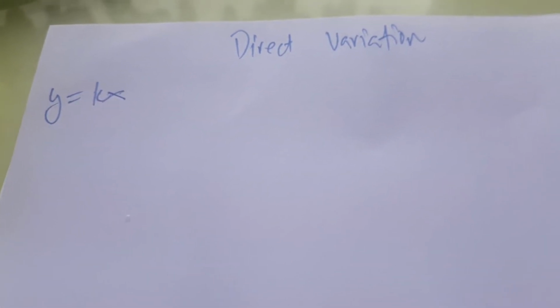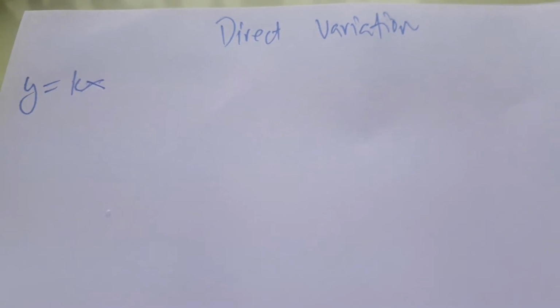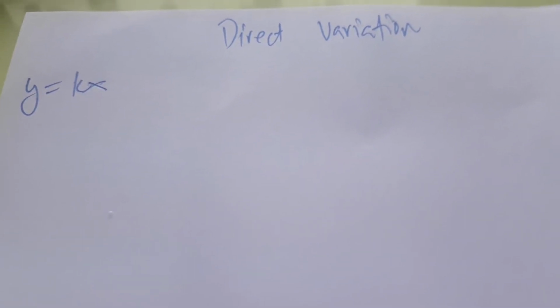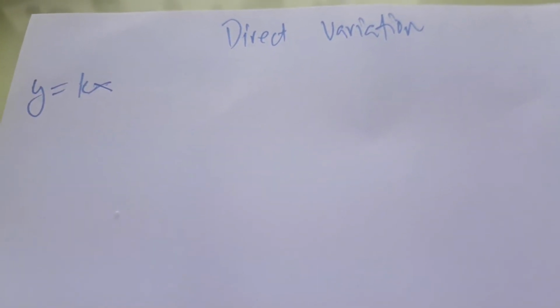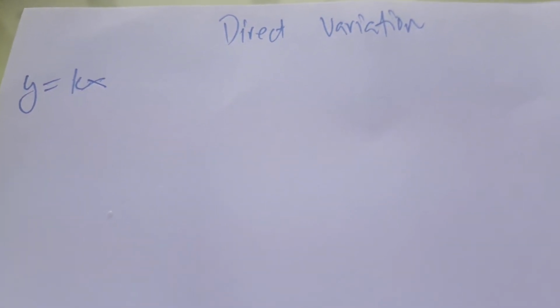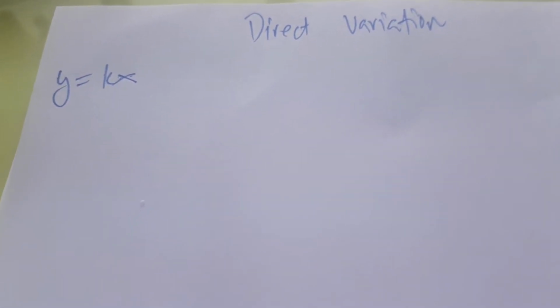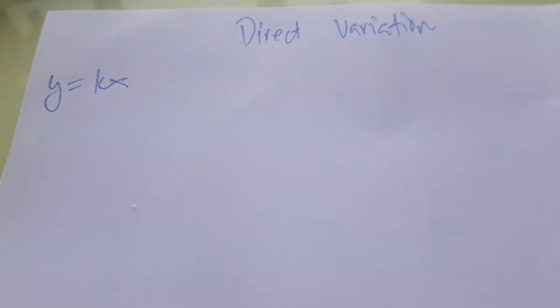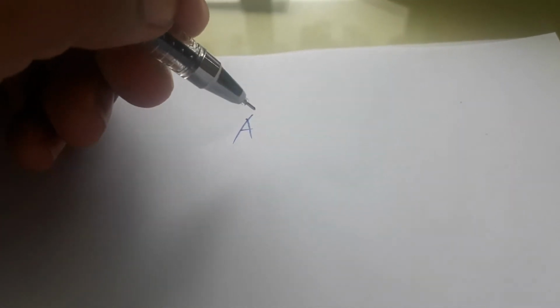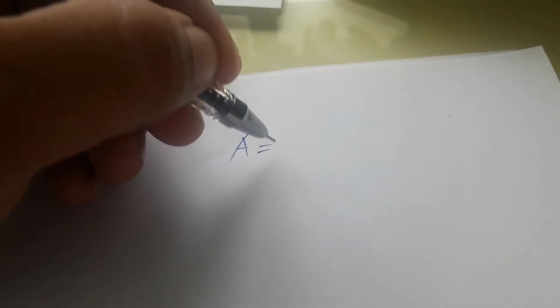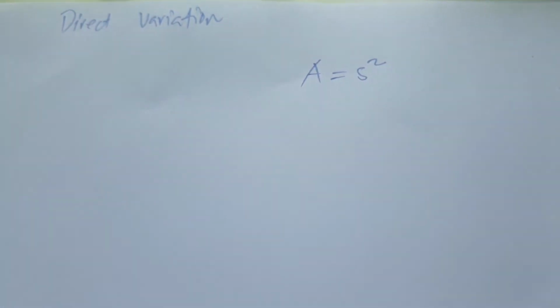It helps in the representation and description of any given set of data, like the common area of polygons, or perhaps the volume of a certain object. For instance, we have the area of a square, A equals s squared.